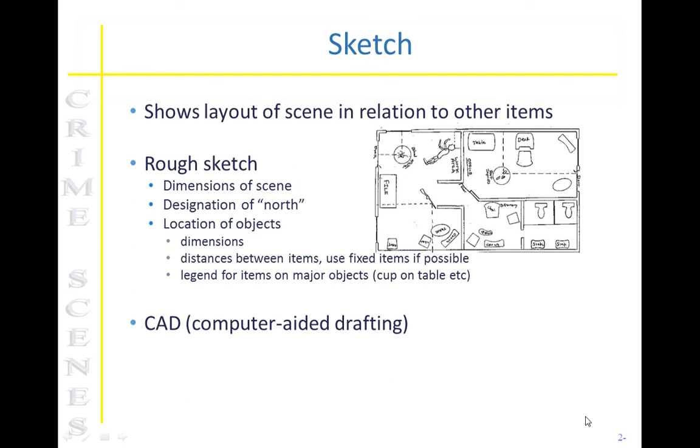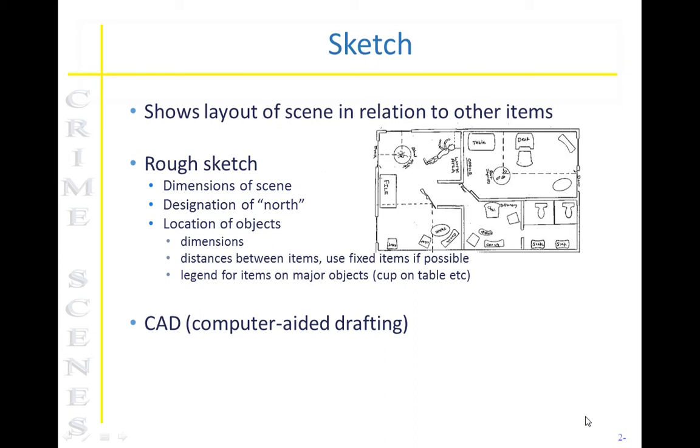To do a sketch, you want to have the overall dimensions of the scene. You want to know the orientation of the crime scene itself. So usually on a rough sketch, there's going to be an area where the designation of north is going to be shown.